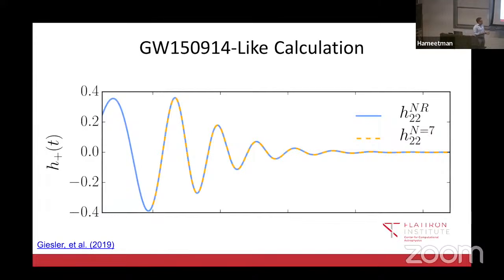And somewhat surprisingly, there was a revitalization of this field in 2019 when Matt Giesler, who at the time was a graduate student here, working with Saul Teukolsky, pointed out that black holes seem to behave like bells, or perturbed Kerr spacetimes, way earlier in their evolution than they should. So this is the end stages of a numerical simulation of a black hole merger, just like the video that I played for you.